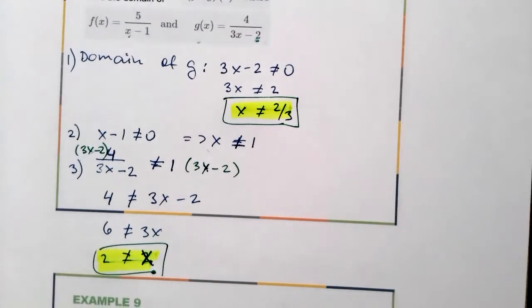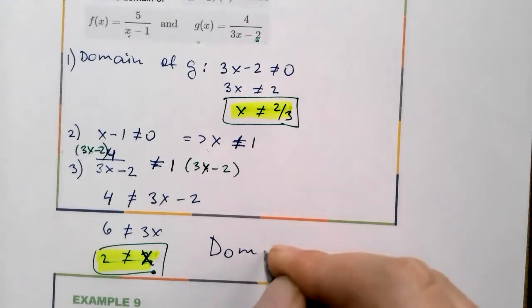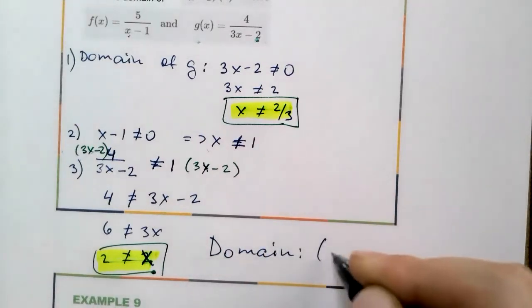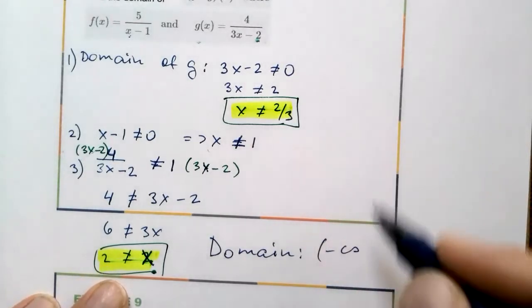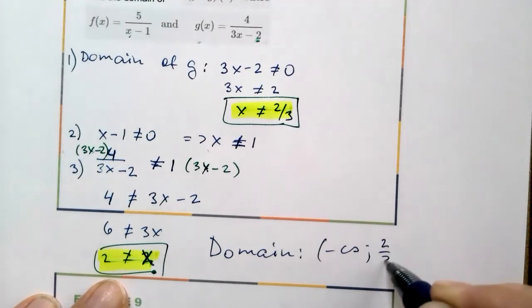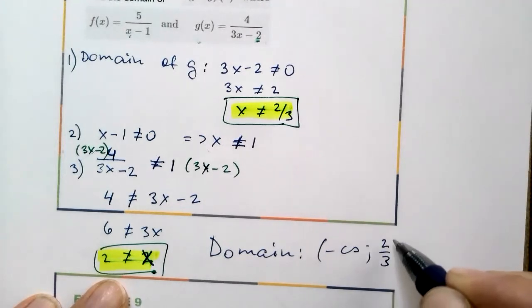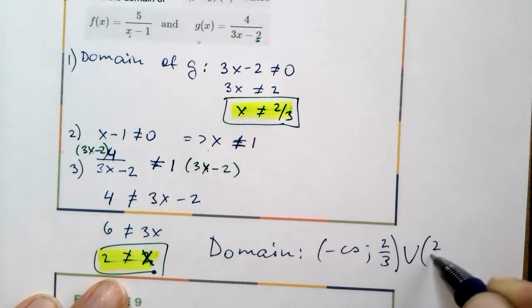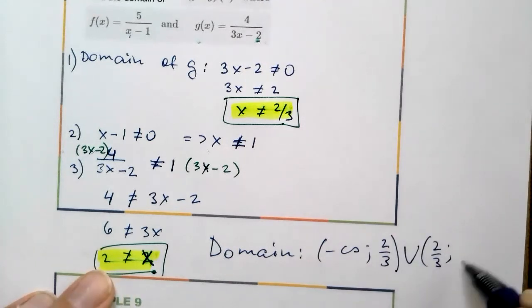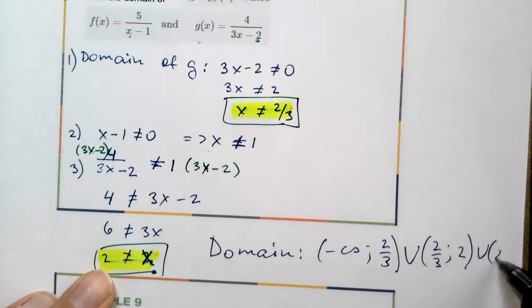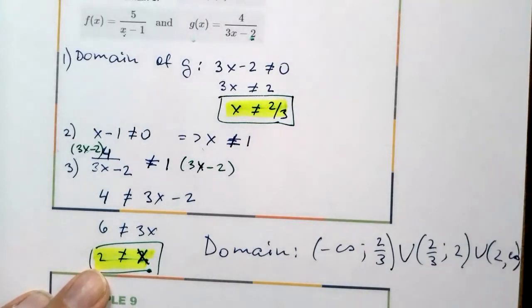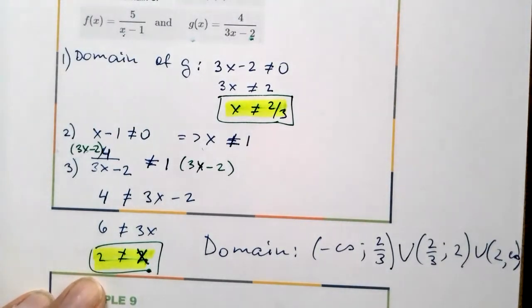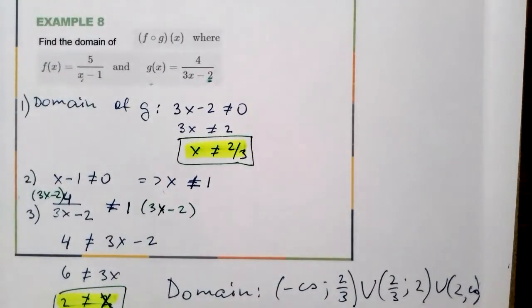So what does the domain look like? The domain is from negative infinity to 2/3, since this one is smaller, not including 2/3, and then from 2/3 to 2, and then from 2 to infinity. Okay, so this is how you figure out the domain for that composition.